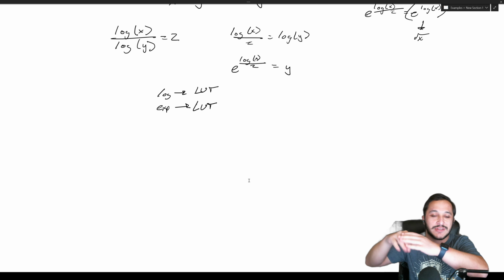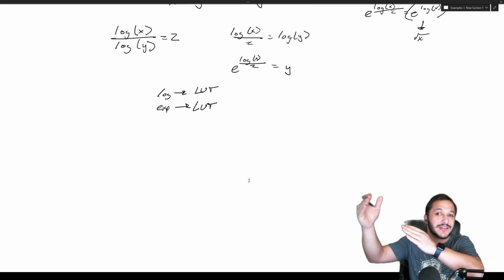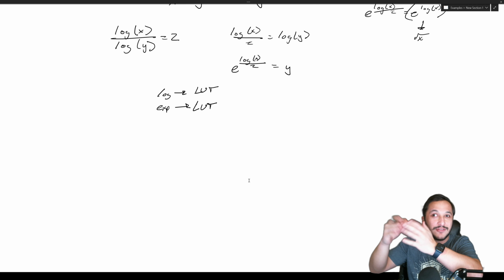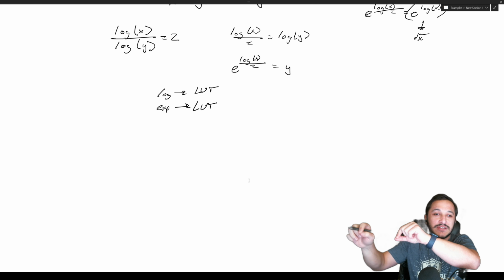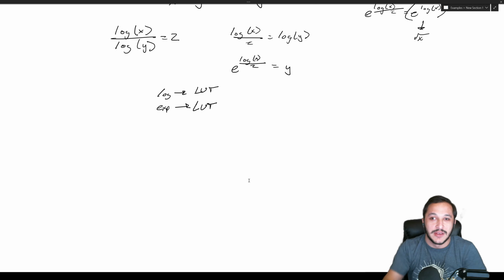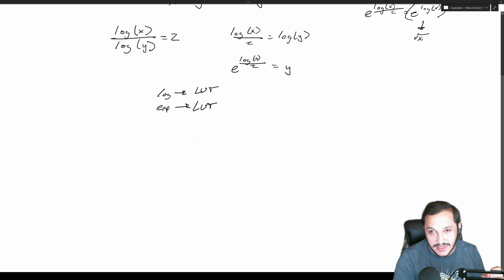So then it's like, okay, I've taken the logarithm of 2. Okay, so I look up where's 2. Okay, 2. Okay, this is the output, and then done. It returns it. So this is only 3 steps, really.